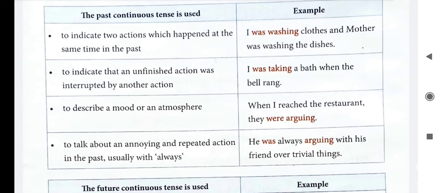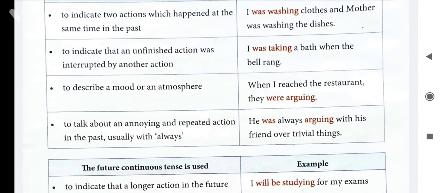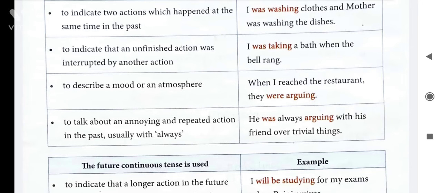I was playing cricket when my mother called me, right? Teacher was teaching English grammar while she got a phone call. Like that. So something was in progress but it was interrupted by another action.